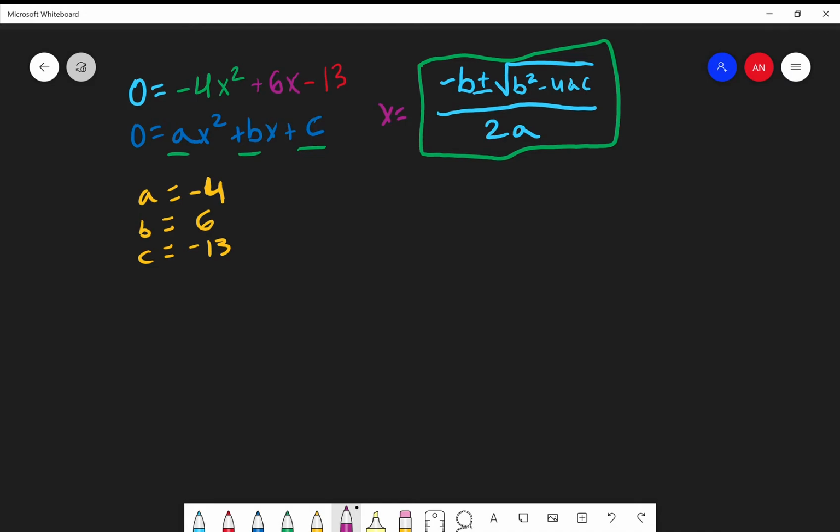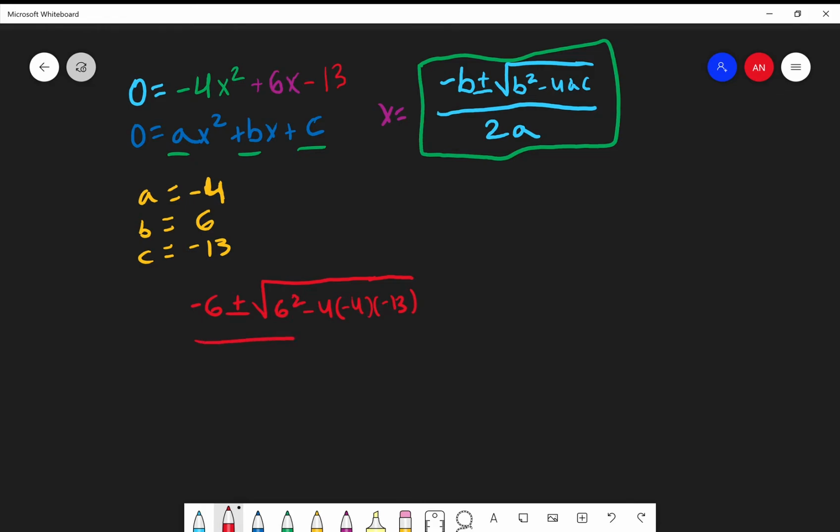Okay, so let's get into substituting the variables. Negative b is negative 6. So we'll do negative 6 plus or minus the square root of b squared, which is 6 squared, minus 4ac, minus 4 times negative 4 times negative 13, because c is negative 13 and a is negative 4.